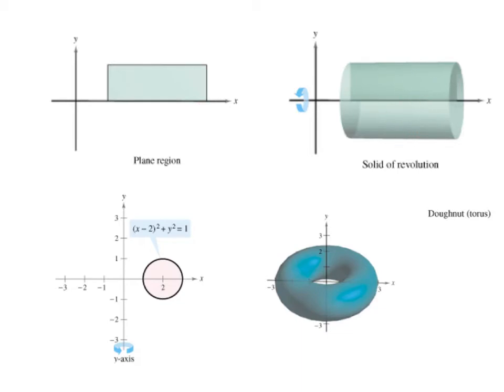There are places on the web that will have applets that actually show that in real time. This one is a circle. If you take the circle around the y-axis, notice how they depict how they revolve that around. They put a little label that says y-axis, and this becomes a donut or a torus.